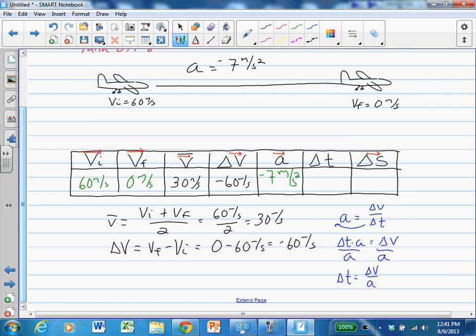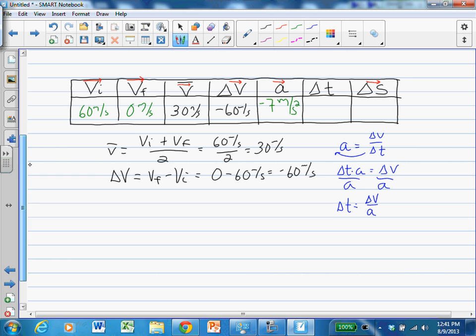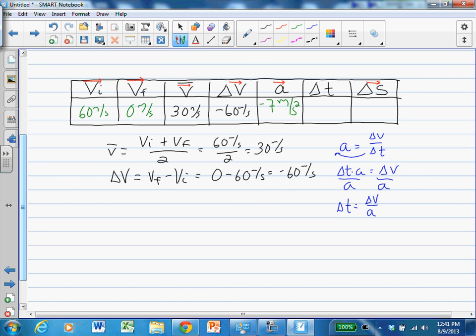Important to be able to do those, so press pause and rewrite that and do this manipulation of the formula so you understand it. But delta v is minus 60 meters per second, and a is minus 7 meters per second squared. 60 over 7 is 8.57.